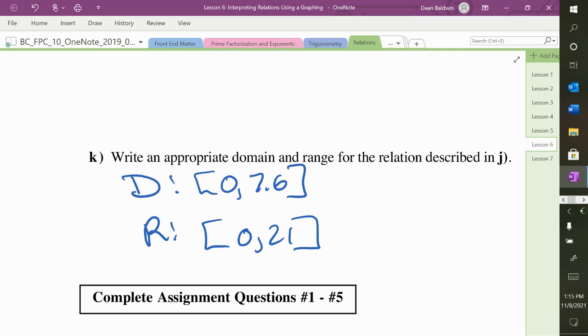Are we ready? There's your domain and range. 0 to 7.6 is the domain. The range is 0 to 21.